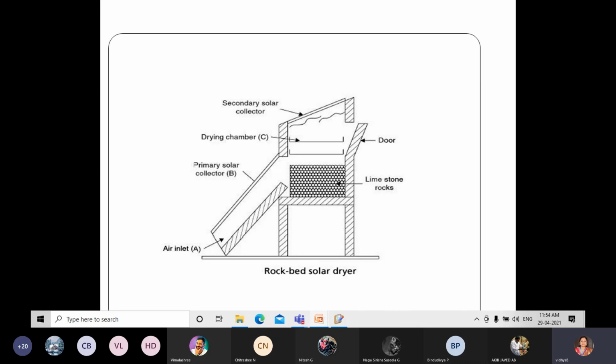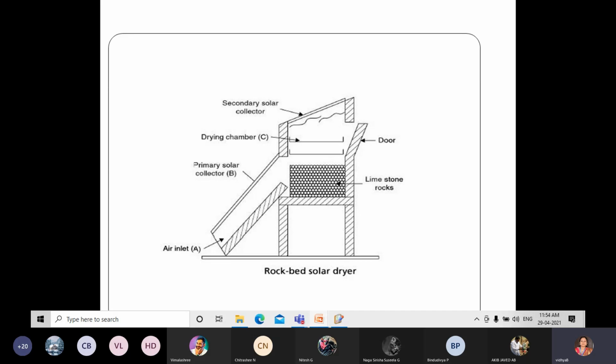When the temperature is not high, for example in rainy or winter seasons when the air is cool and not hot, then we need to turn it off.